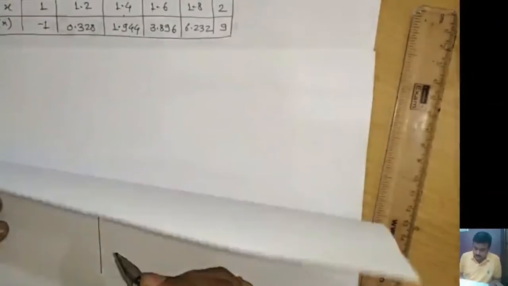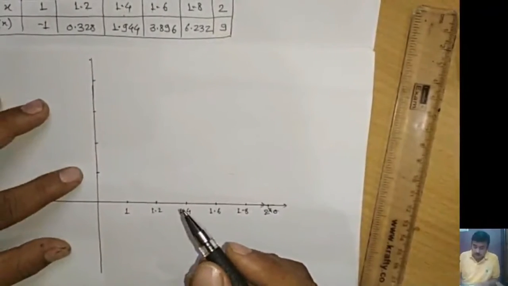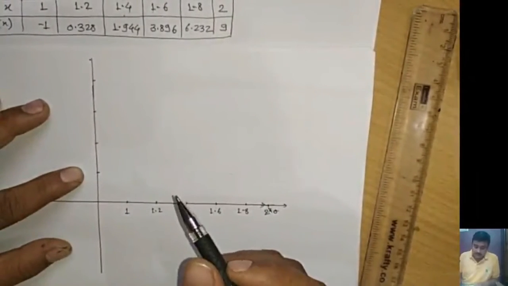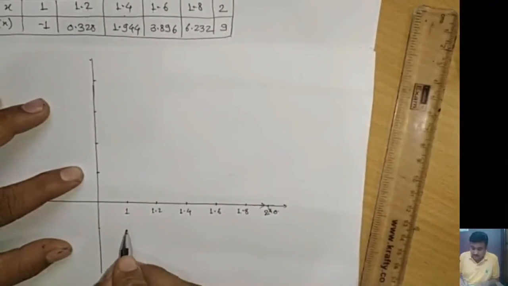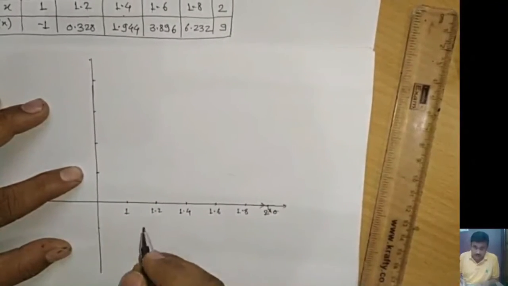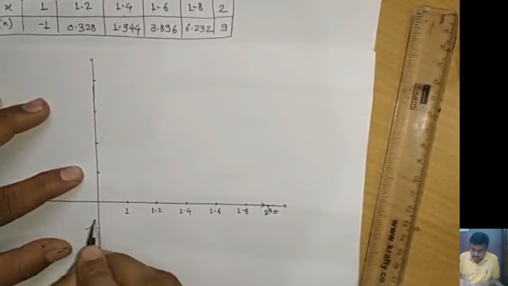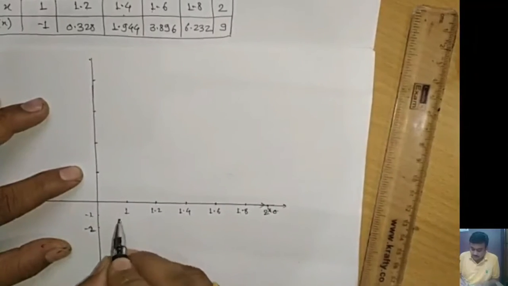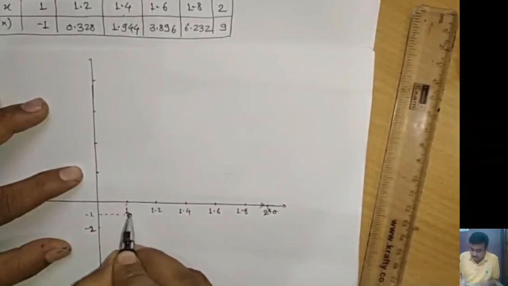Now for the value of 1, the respective value of the function f of x is minus 1, which can be represented in the fourth quadrant, that is minus 1, here. Now this is our first point.